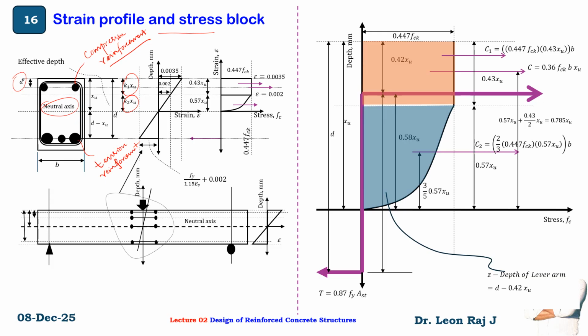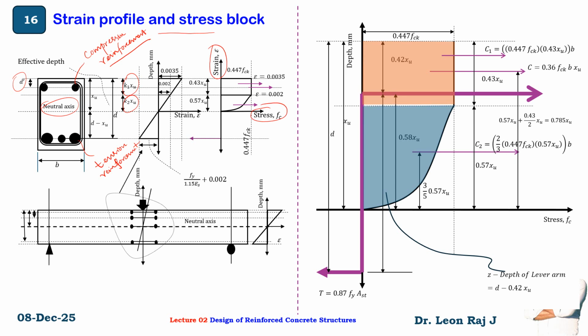So I have explained in detail about the strain profile. Then the stress block details. Here, in the stress block, the x-axis is the stress and the y-axis is the strain, which also represents the depth of the beam.